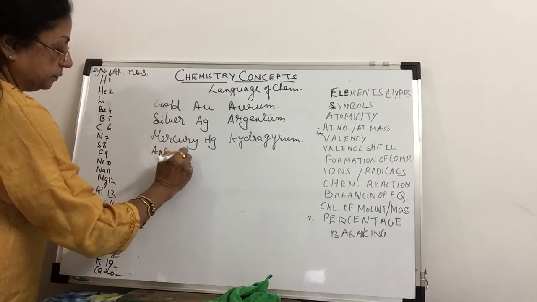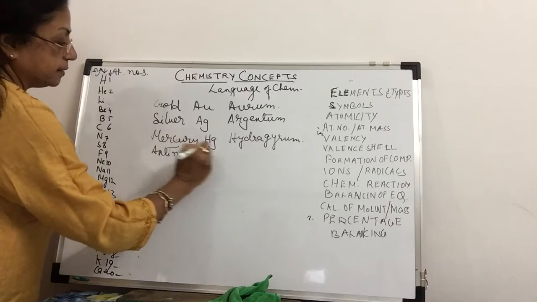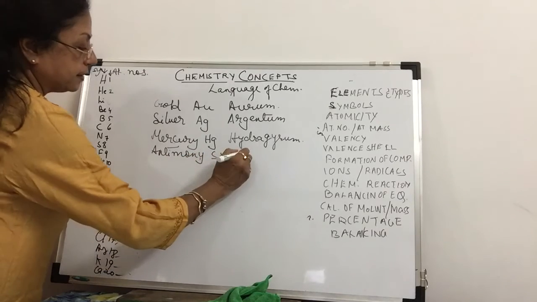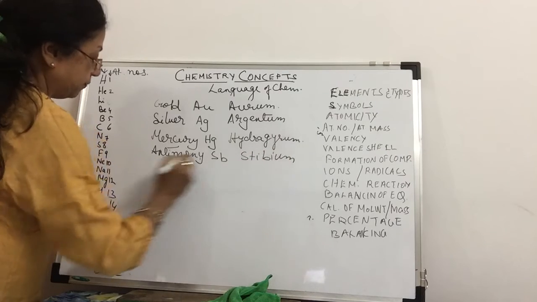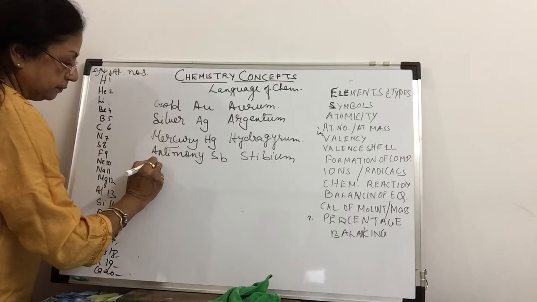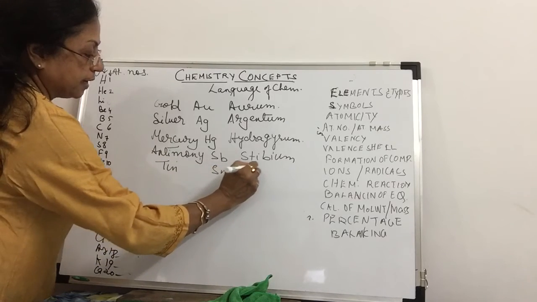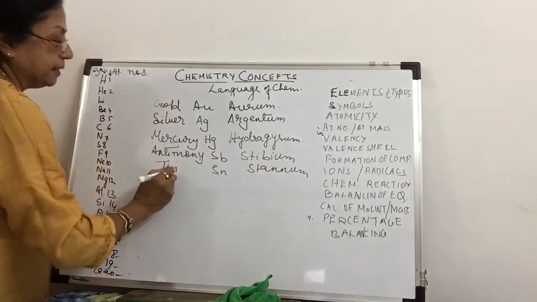Antimony is Sb, stibium. Then for tin, Sn, stannum, like this.